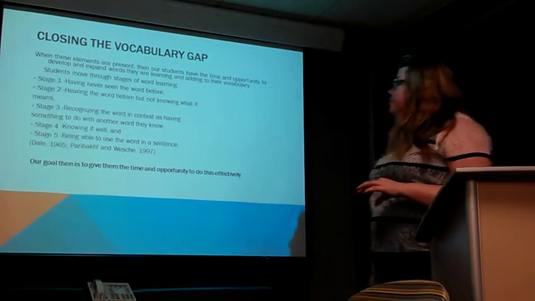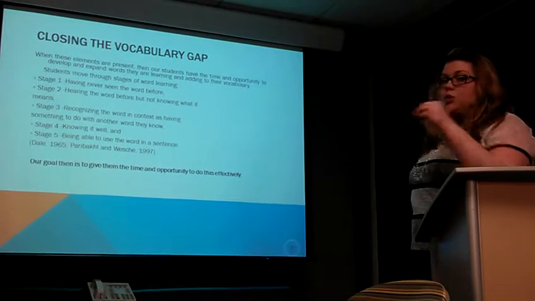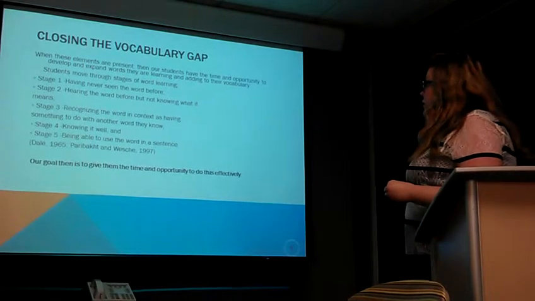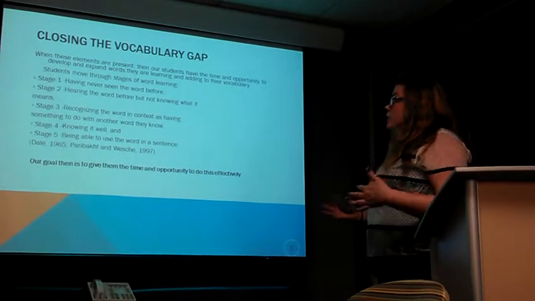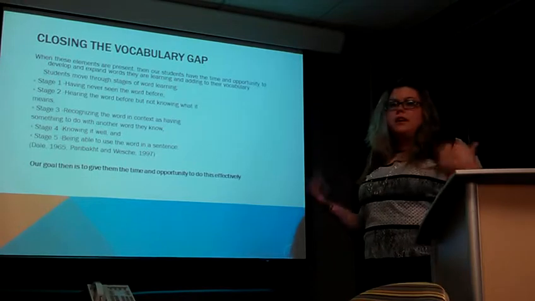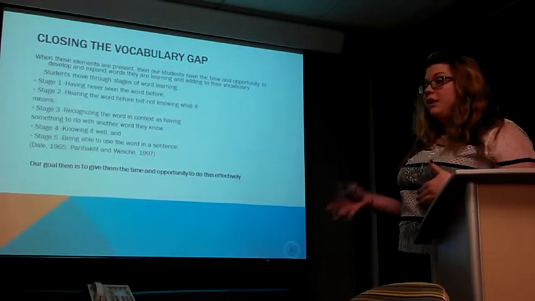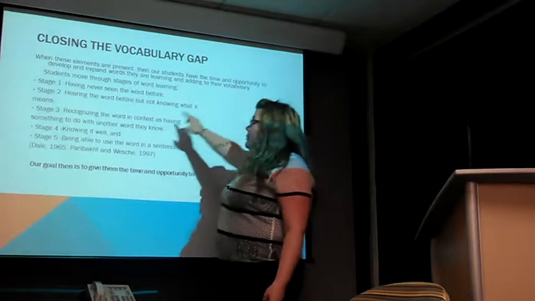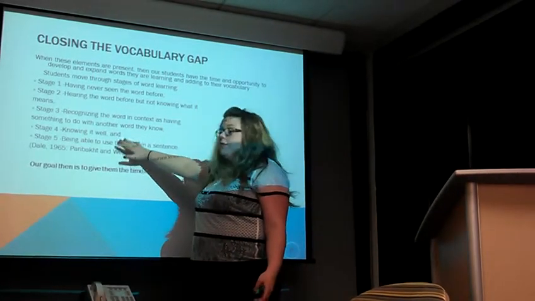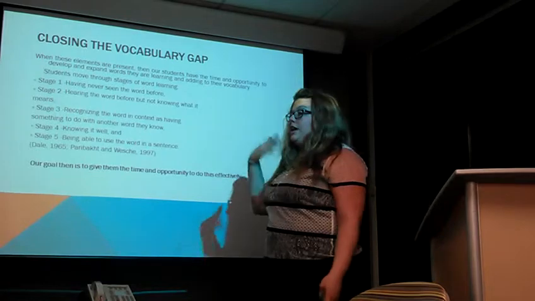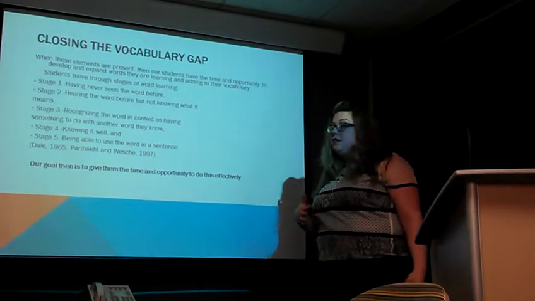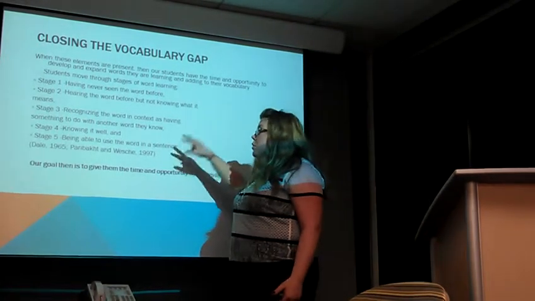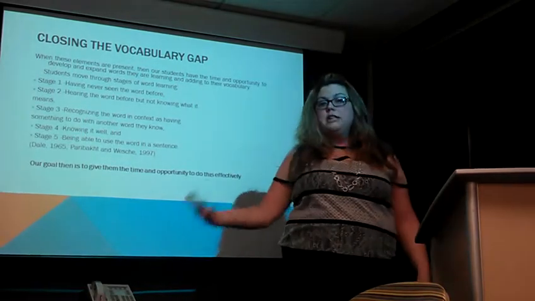So when we talk about how exactly students go through this acquisition of vocabulary, they kind of just start in these first couple stages where either they have never heard the word or they heard it and don't really understand it. What we want to do is we want to get them to stages 4 and 5 where they know it well. You can ask them the word, they can give you the definition, but this stage 5 is the most important, and it's being able to use the word in context.